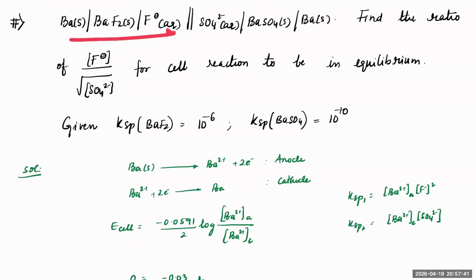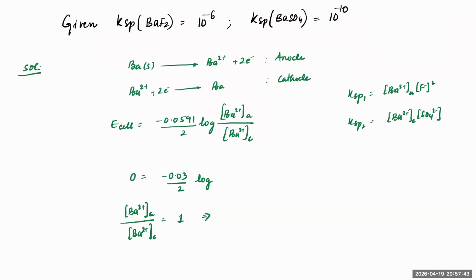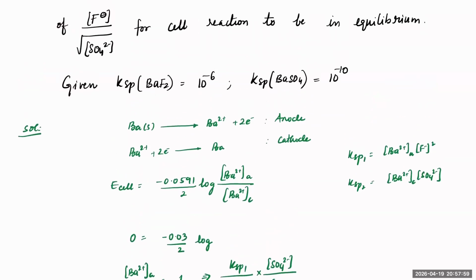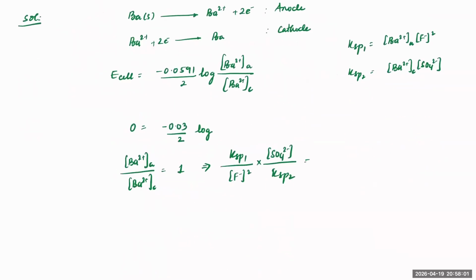So the barium 2+ concentration at the anode can be written as Ksp1 divided by F- concentration square, into SO4 2- concentration upon Ksp2. The Ksp values are given, and this entire thing is equal to 1.